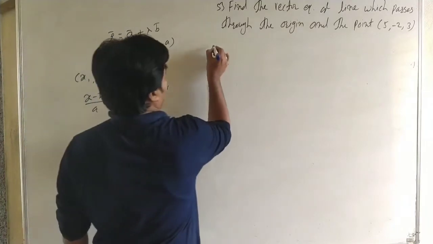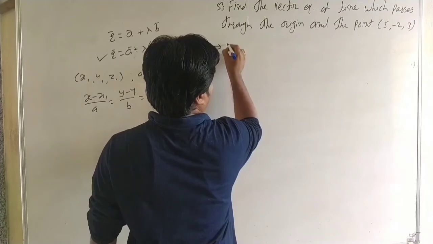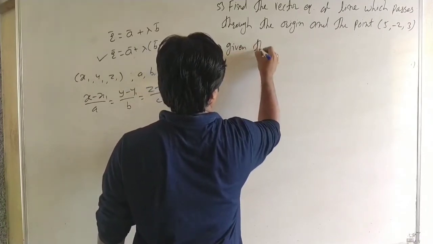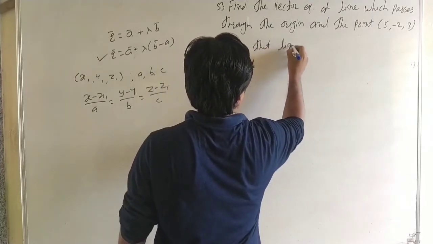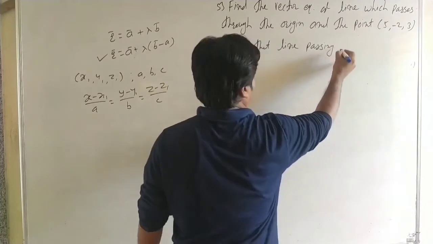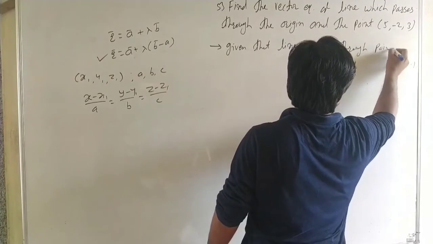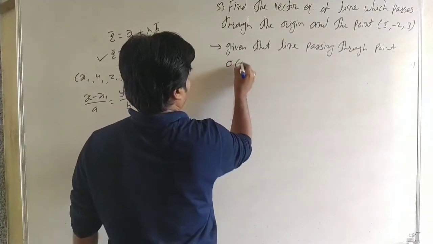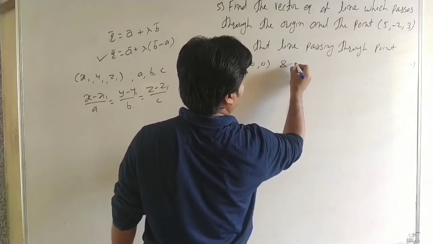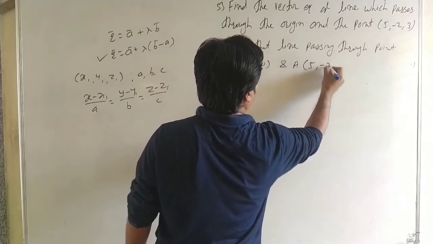Now, given that the line passes through the point O (0, 0, 0), suppose it is A, and the other point is (5, -2, 3).